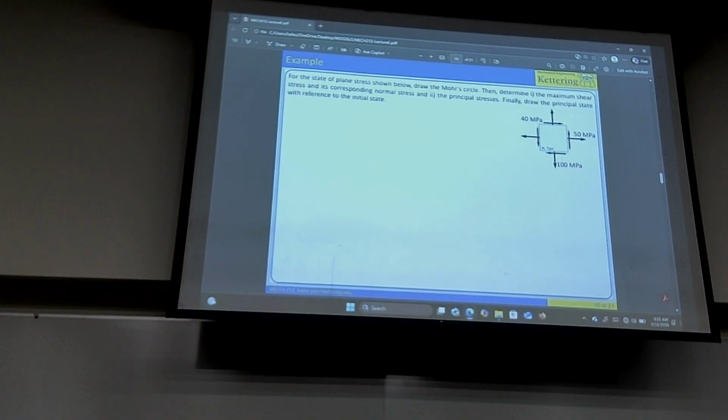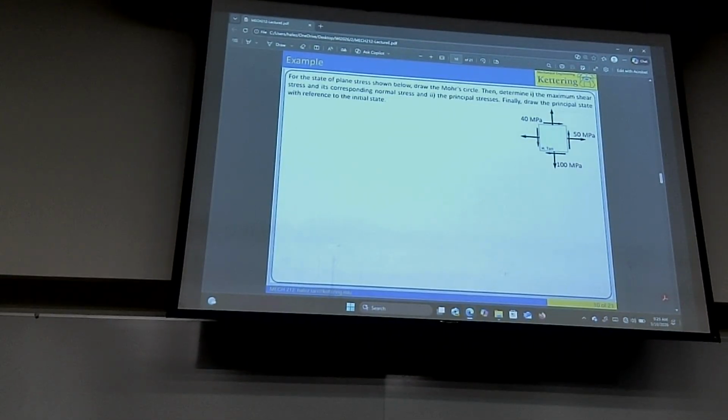A 3 by 3 matrix, how many elements does it have? Overall, how many elements? 9. All right. You said 6 because 6 of them are independent. That's correct. So speaking of that, if I say this tensor is planar, what happens to this? We know something about some of the elements then.